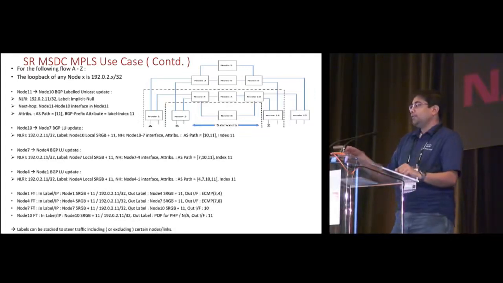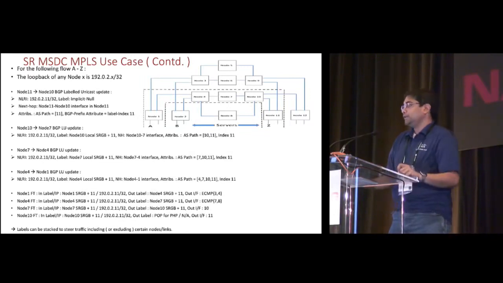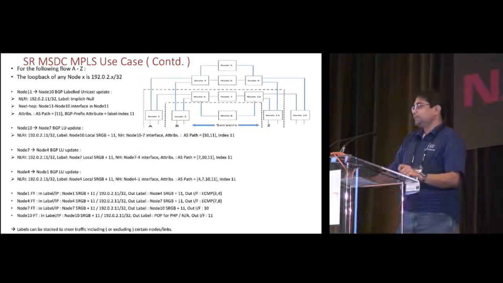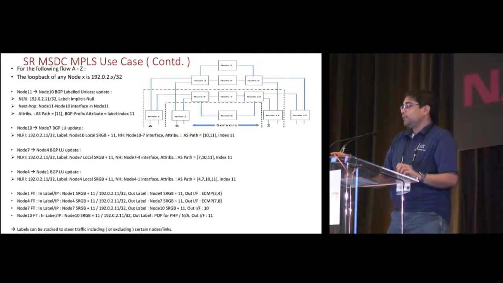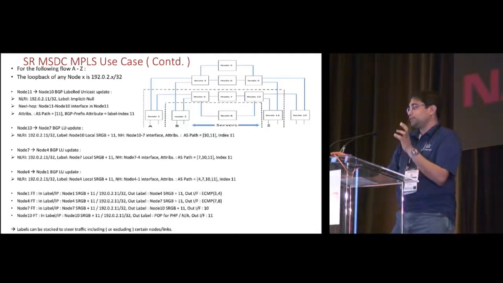And this index 11 remains the same throughout the path, which I have identified using the dotted lines. So when it eventually reaches node 1, through all the ECMP paths available, you know the exact path to traverse for eventually reaching Z via node 11.